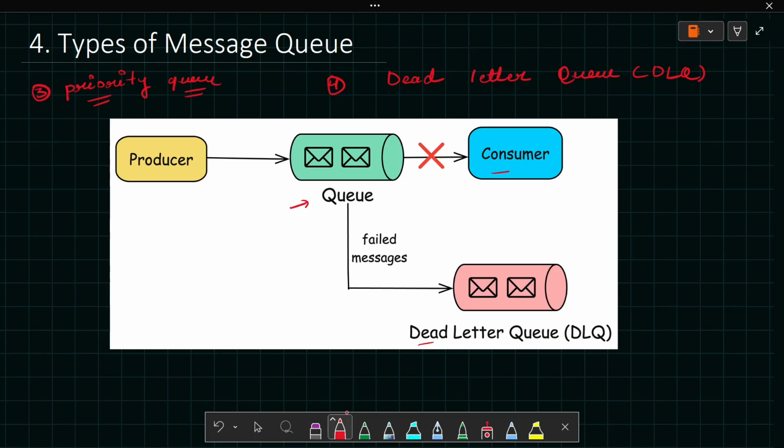For example, the producer sends the message to the queue. It is enqueued and stored in the queue.